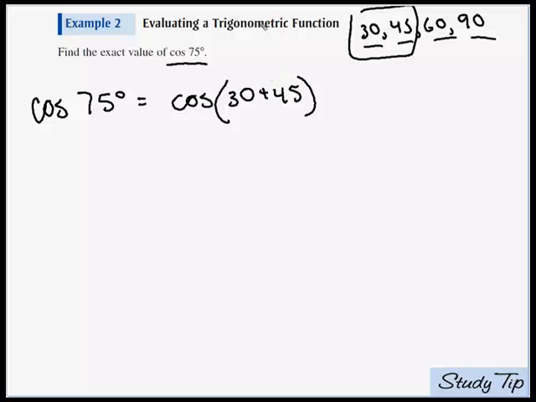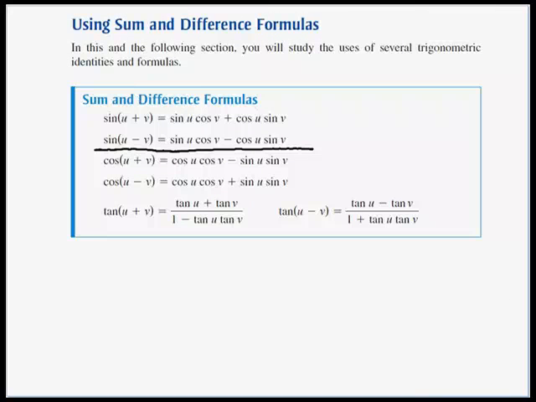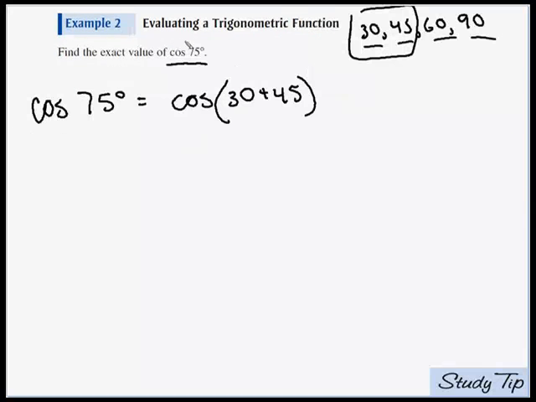And now we're going to go to our formulas. We're doing the cosine of a sum, the cosine of two things added together. So we're looking at this formula. We're going to do the cos of the first times the cos of the second minus the sine of the first times the sine of the second. So let's start plugging those in.